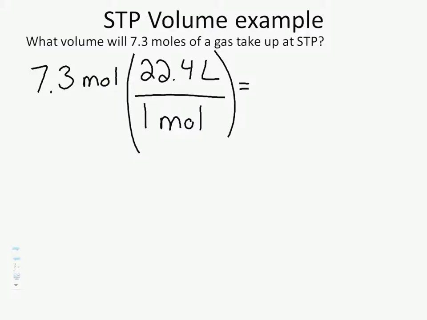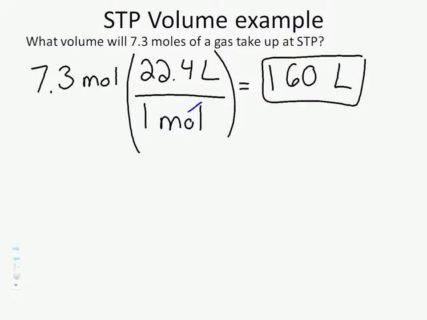You can multiply across 17.3 times 22.4 to give you a total of, with 3 sig figs, 388 liters. All right. Notice your units did cancel, and you have the right number of sig figs.